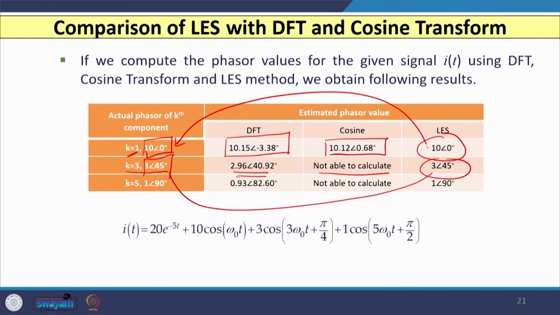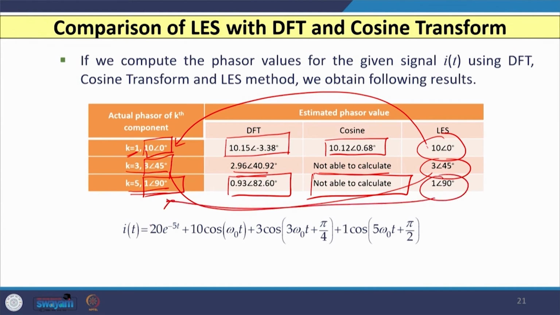Similarly, if I calculate the phasor value of the fifth harmonic term by putting k equal to 5, the actual value is 1 angle 90 degrees. If I use DFT, you will have 0.93 at an angle of 82.6 degrees, whereas the usual cosine algorithm is not able to calculate it, and with the LES algorithm you will have the value 1 angle 90, again exactly the same as the actual value.